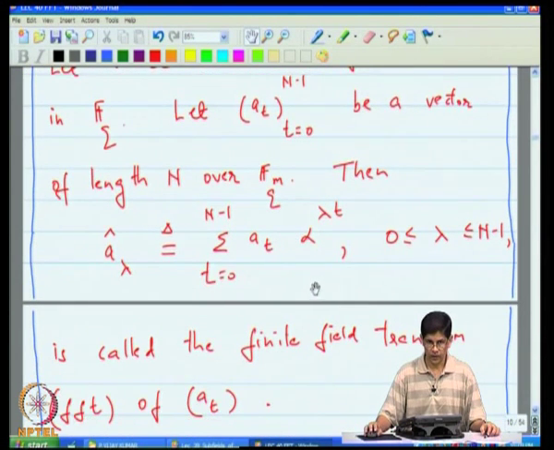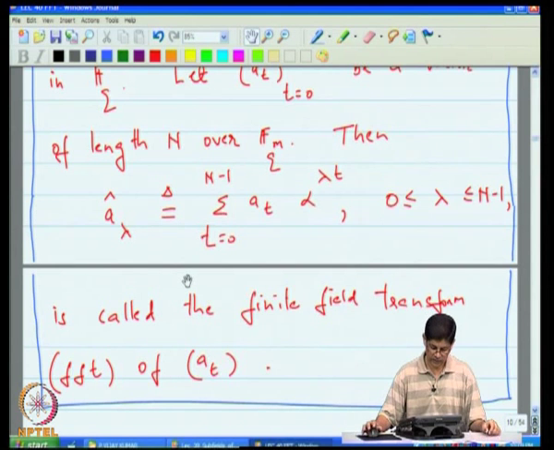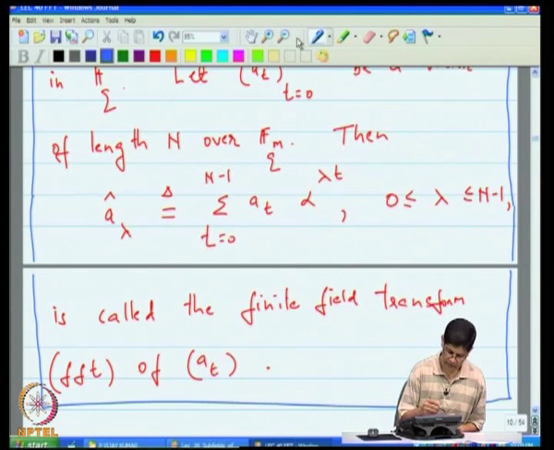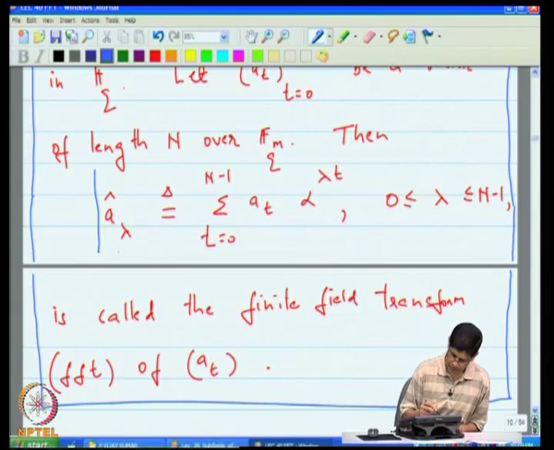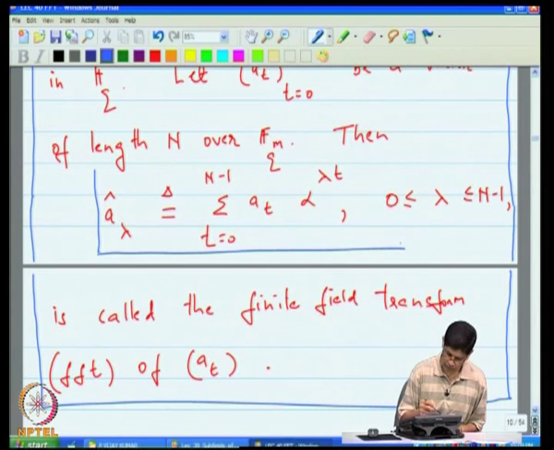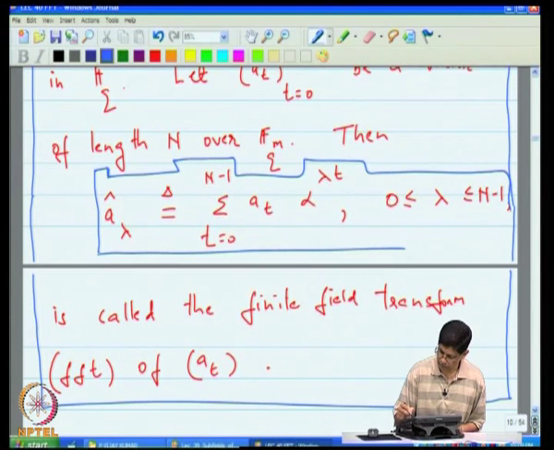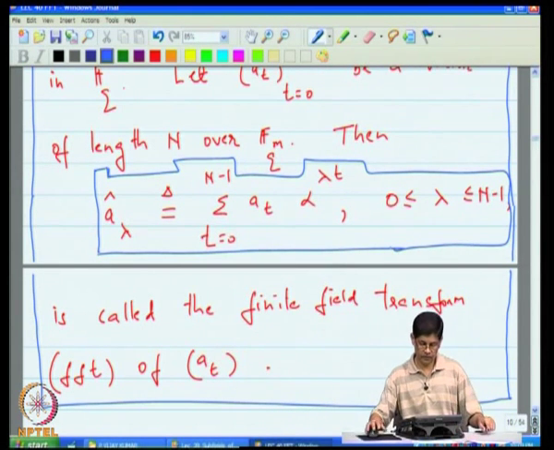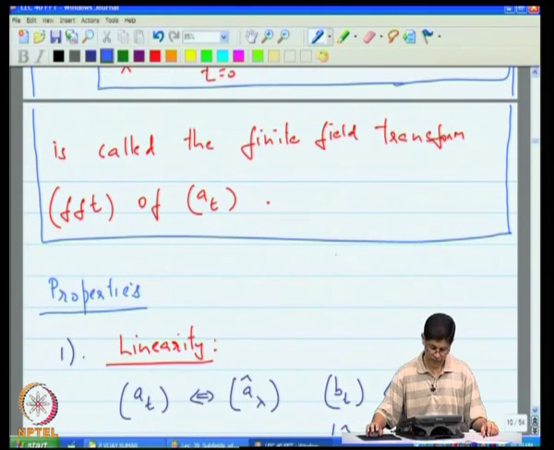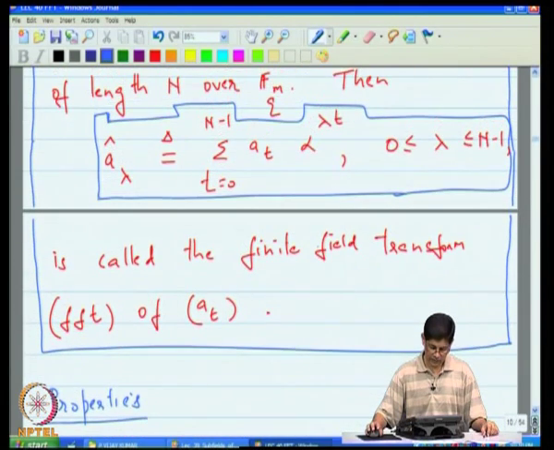So the finite field transform is defined according to this expression, and we will be working with this expression many times in the course of this lecture.